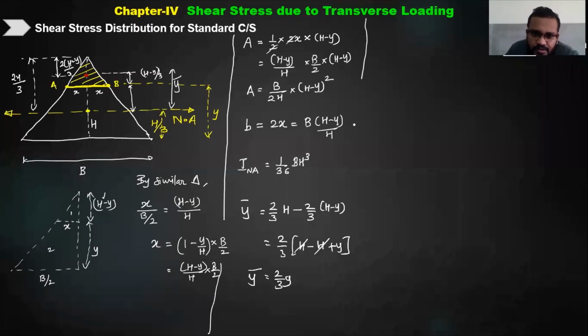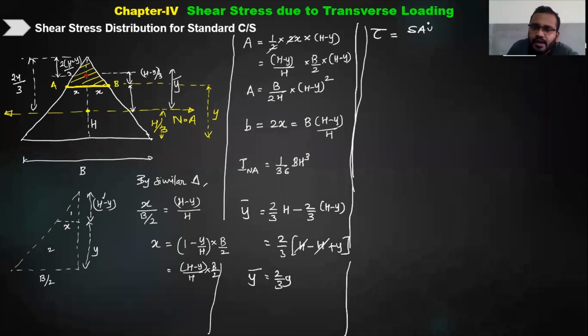So I know all these parameters. Now can I substitute these in my calculation to calculate the shear stress? What is the formula for shear stress? The shear stress is nothing but S A y bar upon I neutral axis into b. So let us substitute.